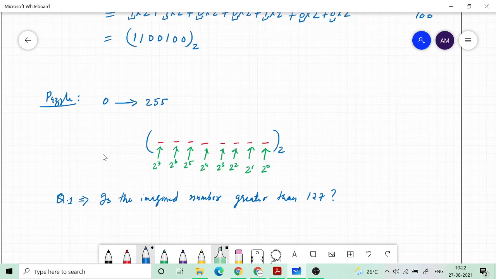Suppose the imagined number was, say, 136. This was the number in the friend's mind. So when I ask, is this number greater than 127, then he will say yes. So what will I do? I will put 1 here.